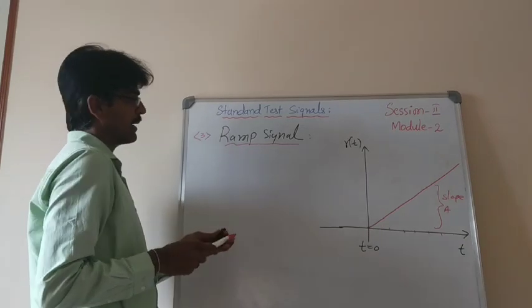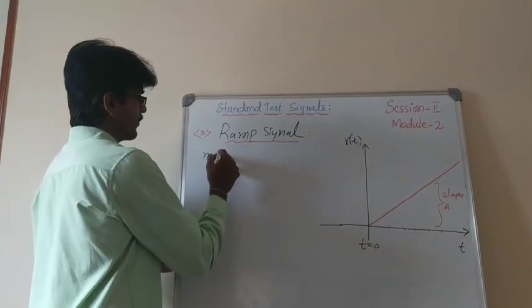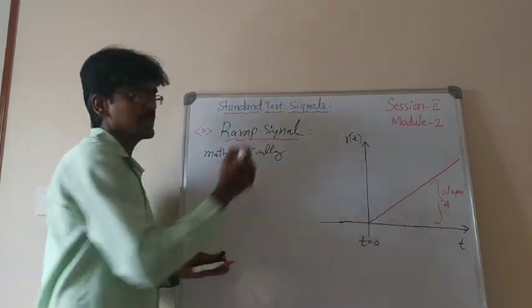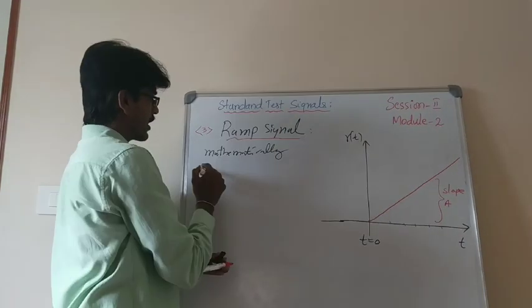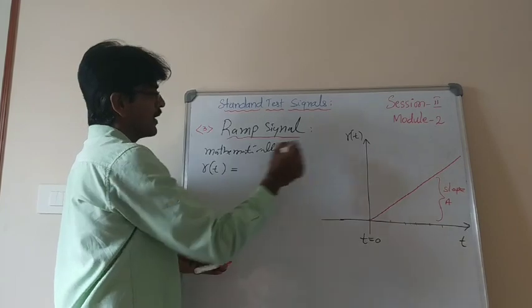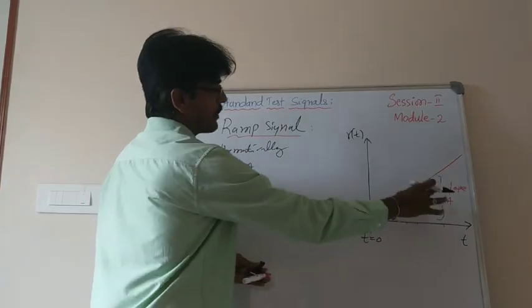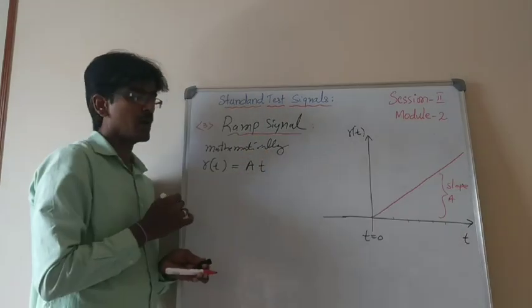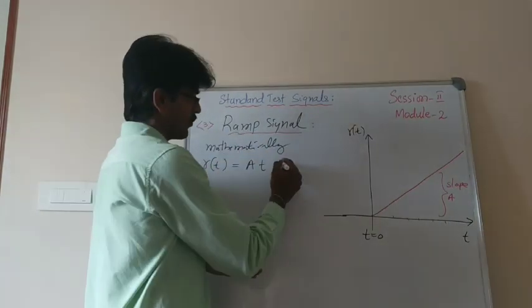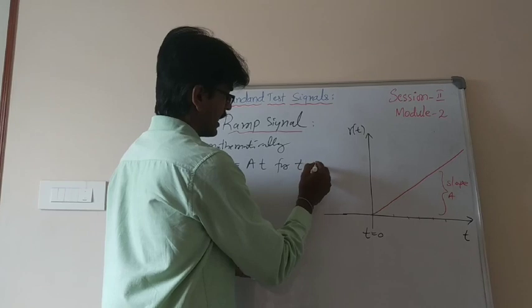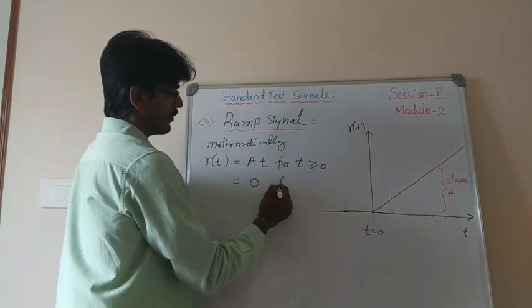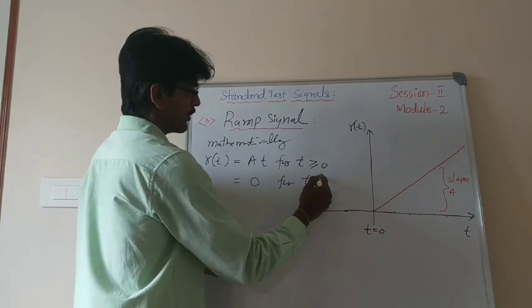Mathematically, this signal can be represented as r of t is equal to, slope is taken as a, and it is changing with respect to time. So r of t is equal to at for t greater than or equal to 0, and its value is equal to 0 for t less than 0.